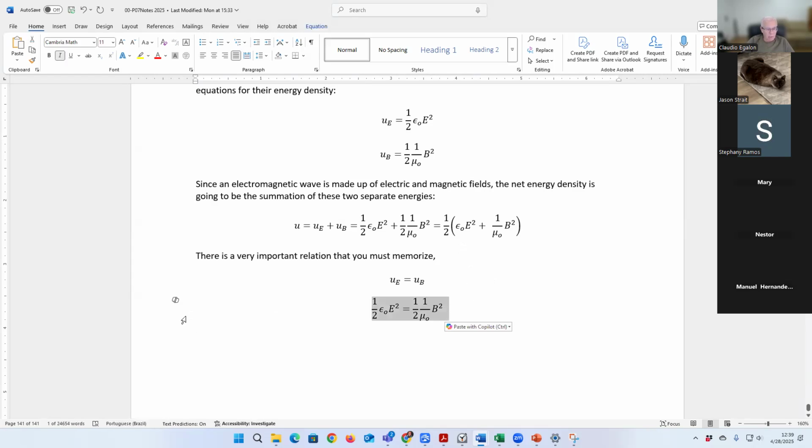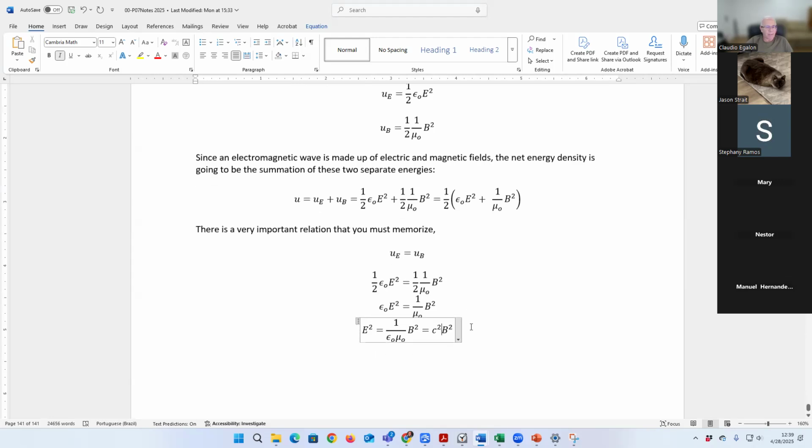I'm going to do the calculation for you, right? First, the half goes away. Half and half. Next, we pass the epsilon naught to the other side. And you should know what this relationship is all about, right? This relationship here is the square of the velocity of light. Okay? Like that.